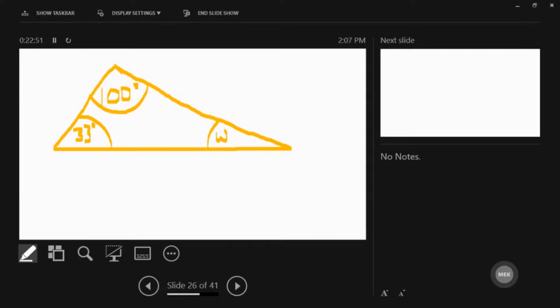So for this one now that we're looking at, what kind of triangle is it? Zion says it's a scalene triangle. And Imani says it's a scalene triangle. You are both correct. How do we identify a scalene triangle? What are the features, the properties of a scalene triangle?